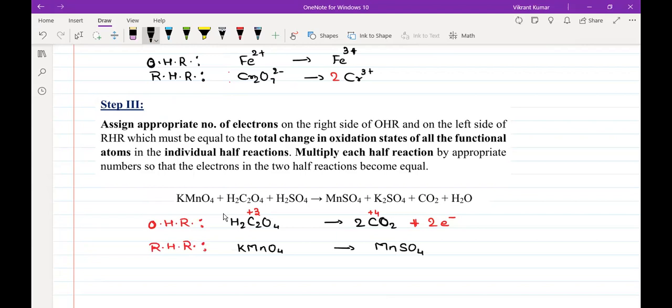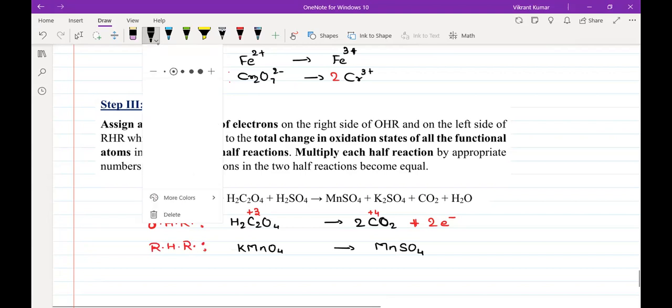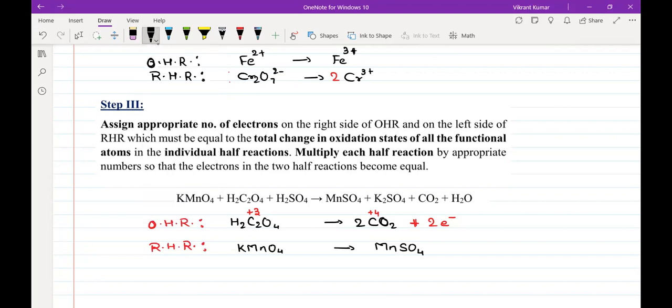Mn was already balanced. Now, if I start allotting the oxidation state, this was going from +7 to +2. What is the change in oxidation state per Mn? 5. Minus 5. And there is just one Mn, right? That's why we'll be putting 5 electrons. Is it okay? But there is one more step in this.